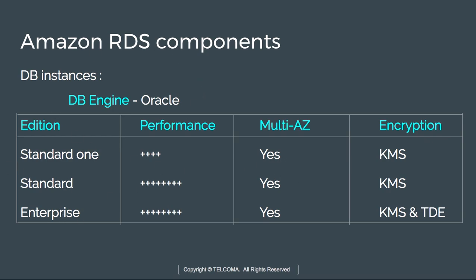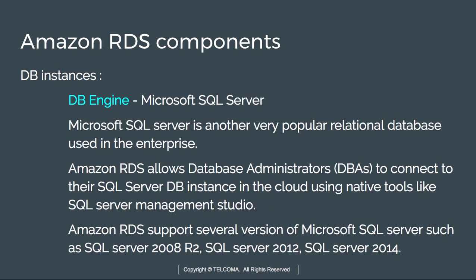The next engine we have is Microsoft SQL Server. It supports 4 different editions of SQL Server: Express Edition, Web Edition, Standard Edition and Enterprise Edition. It is another one of the very popular engines in the enterprise.